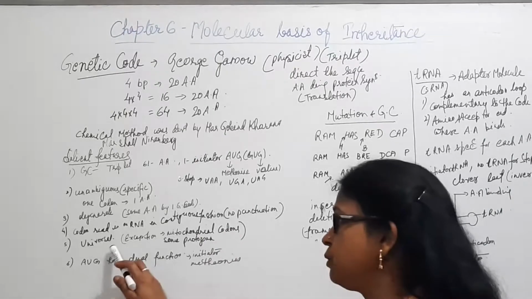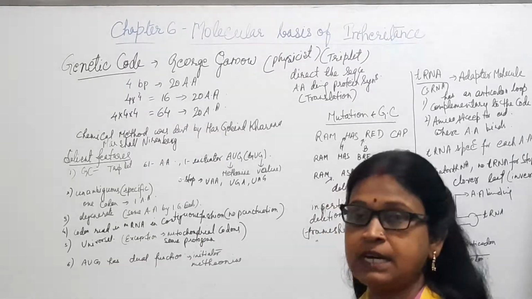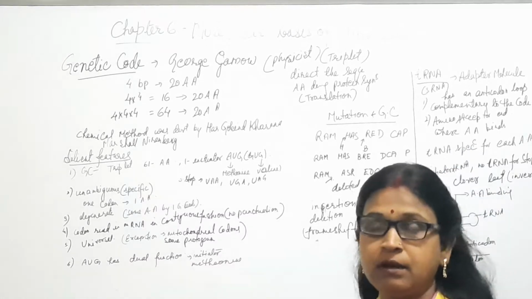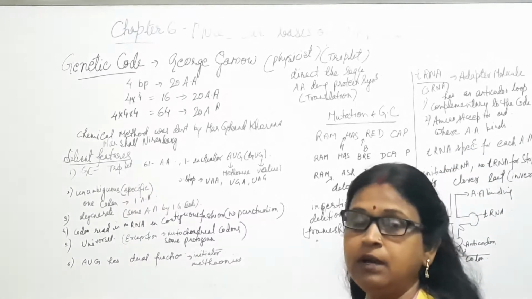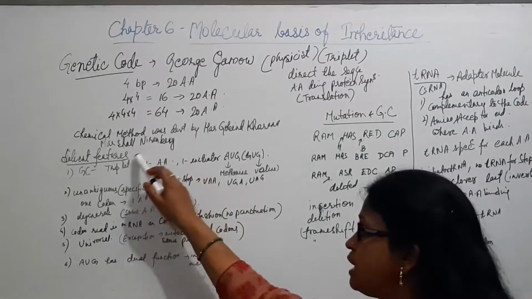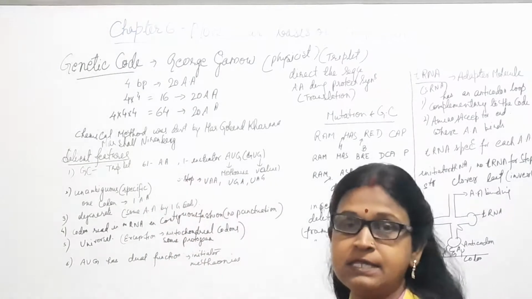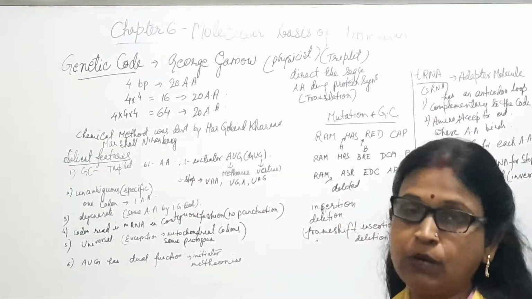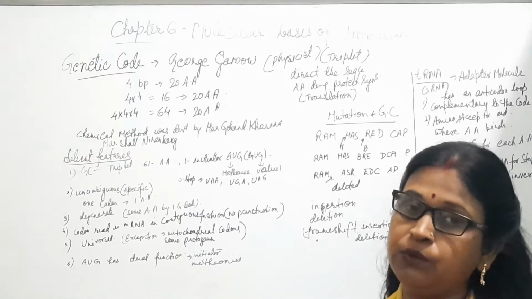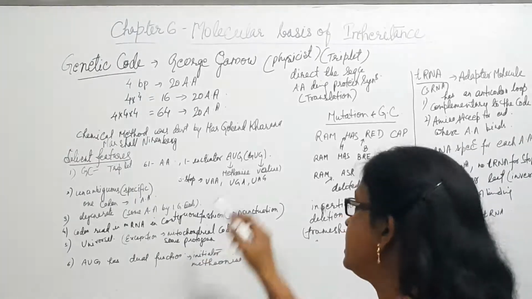Now the fifth one is universal. That means we will study different types of eukaryotes or prokaryotes, from the bigger complex organisms to bacteria. In all the cases, the same type of amino acid will be there. That is, 61 will code for amino acids, 1 will be the initiator codon, that is AUG, and 3 will be stop codons.